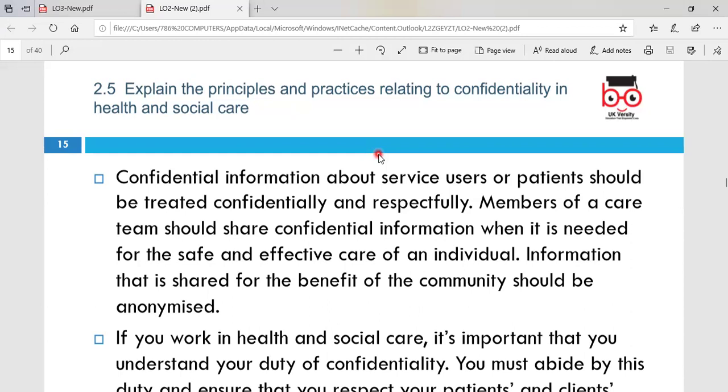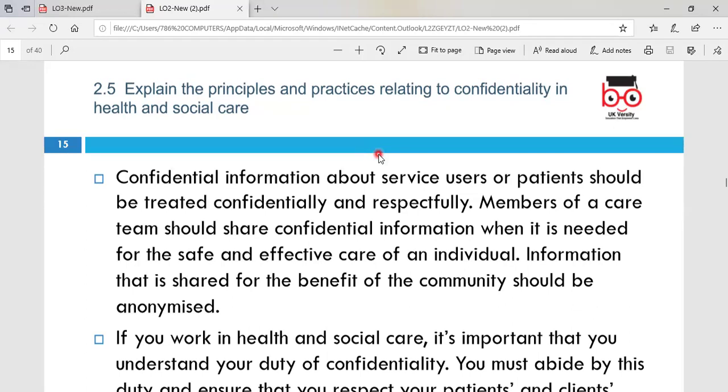For instance, if there's a patient suffering from HIV, and that patient could go and infect others based on certain habits, then other vulnerable people, for instance the spouse, who may be vulnerable to contracting that infection or any other sexual infection, could suffer a negative impact on their health. In that case, that information should be shared.